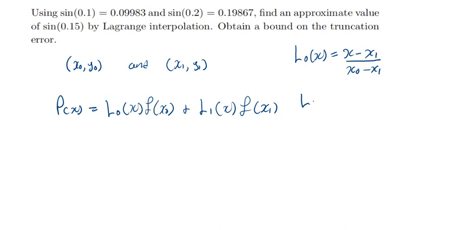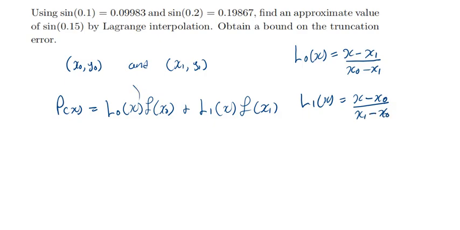Then in a similar manner, L sub 1 of x is going to be equal to x minus x naught, divided by x sub 1 minus x naught.